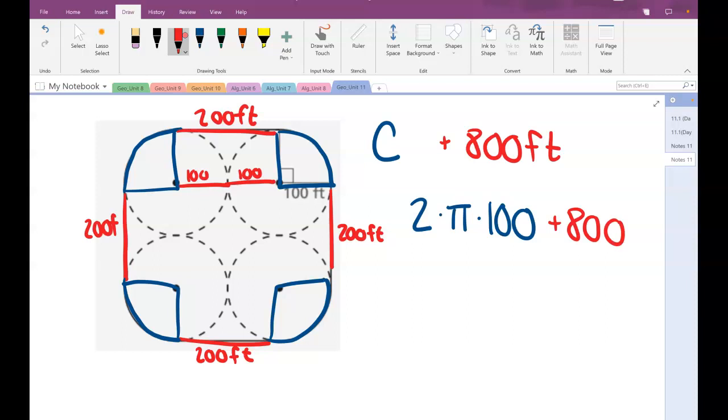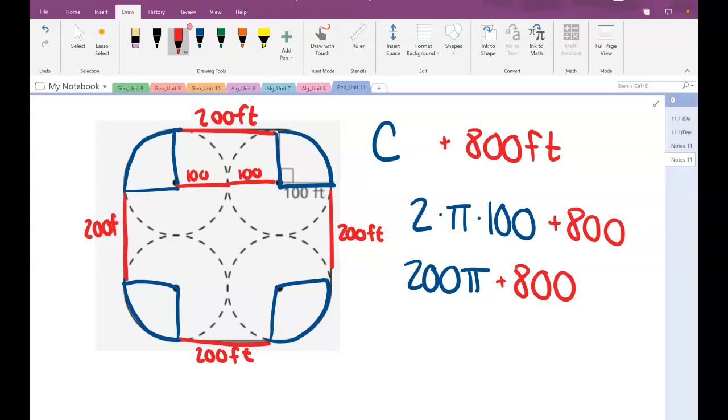So 2 times pi times 100, you could write that as 200 pi, multiplying your 2 and 100. 200 pi plus 800. Then you can enter that on your calculator using 3.14, or just using your pi symbol.